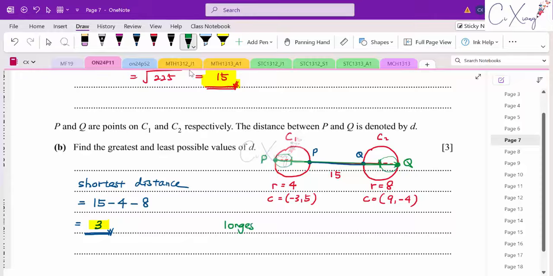So the longest distance can be written as the original distance between the two centers, plus the radius of the first circle, plus the radius of the second circle. So the greatest distance between P and Q should equal 27. Okay, so this is how we solve question number 6.